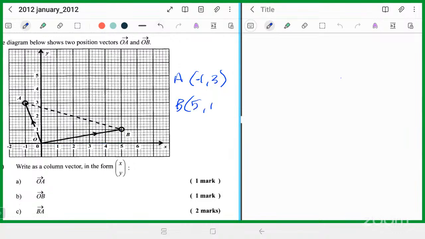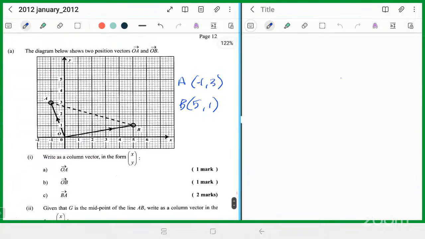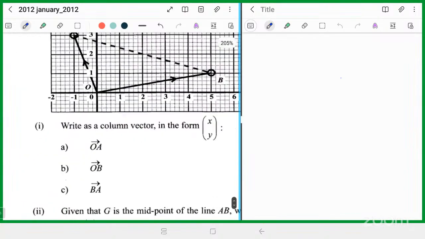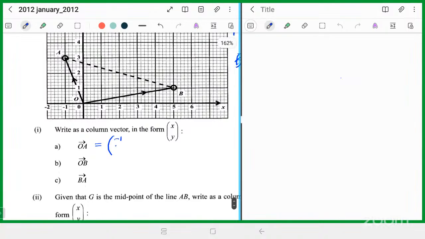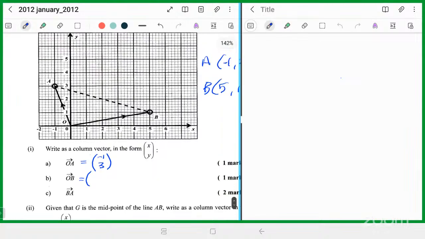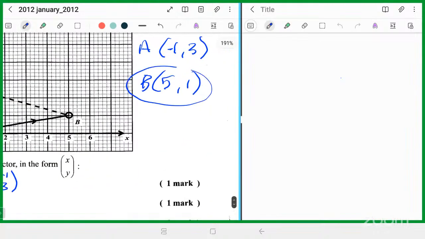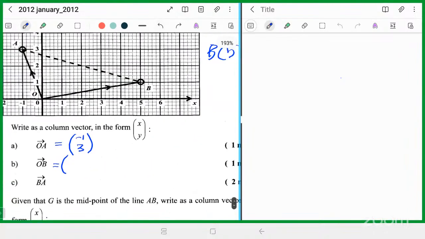So OA will simply have the same values as the coordinates: (-1, 3). No calculation needed for that. And OB again will have the same values as the coordinates of B: (5, 1).